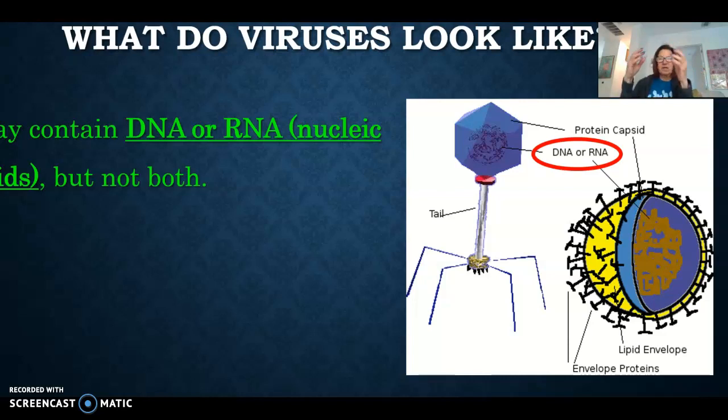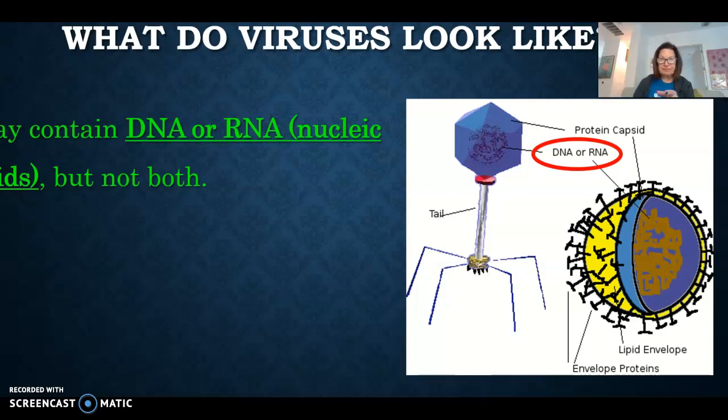It almost sounds like capsule, so it's enclosing that inside of it. And then in the circular one, and this is what the coronavirus looks more like, your capsid is surrounded by another lipid covering, but your capsid is that light blue strip.